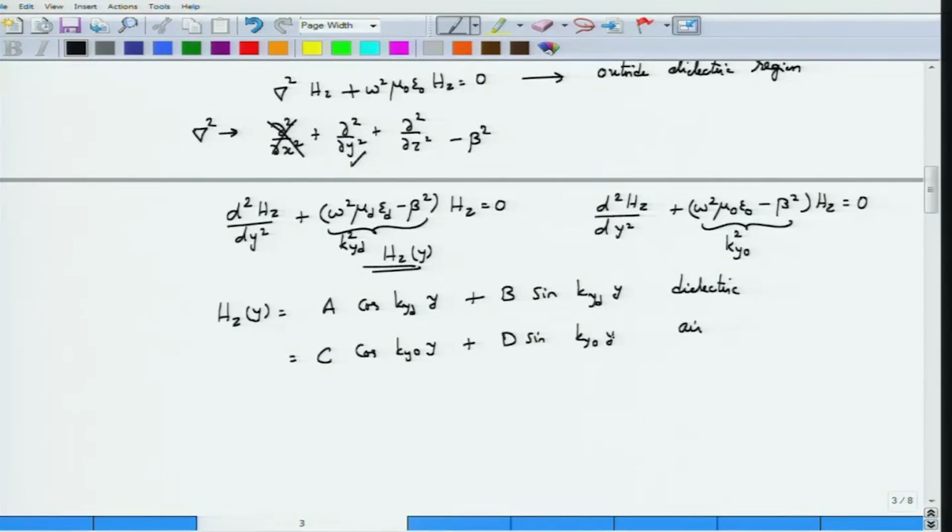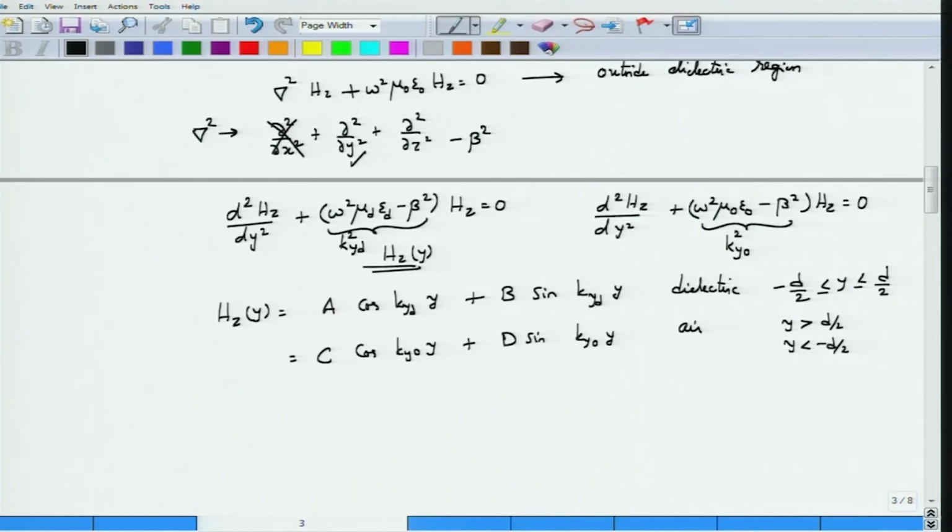This is for the solution in air. So we have these solutions. Of course the dielectric region goes from minus d by 2 less than or equal to y less than or equal to d by 2. This would be y greater than d by 2 or y less than minus d by 2, right. So these are the dielectric and air regions that we have written down over here.